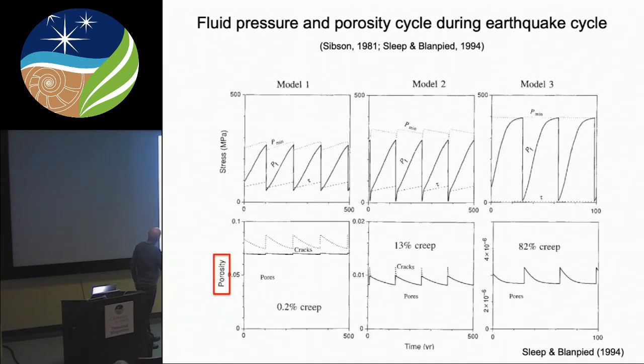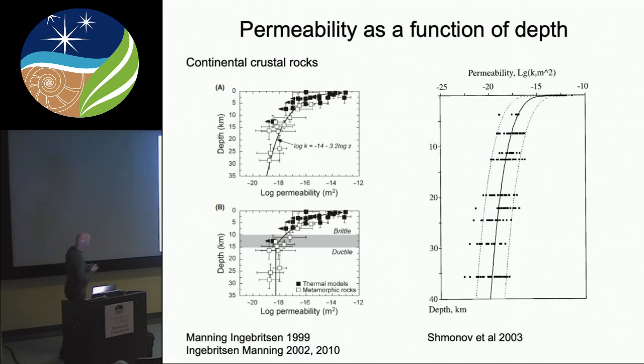And that causes a stress drop just after the earthquake, but also as the rocks get deformed in the fault gouge, you increase the porosity of the fault gouge. And this contributes to reducing the fluid pressure. And then you can have some mechanism like pressure solution by which you decrease the porosity and start the cycle again and again.